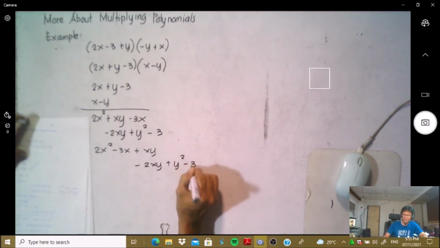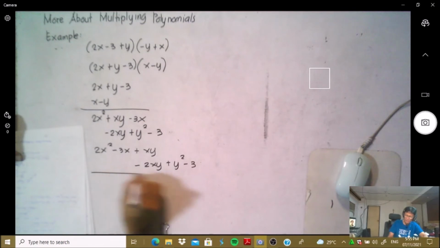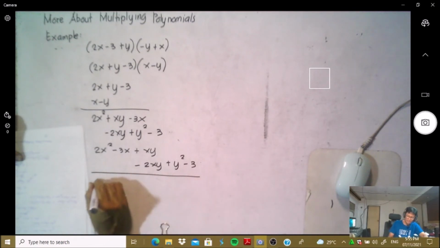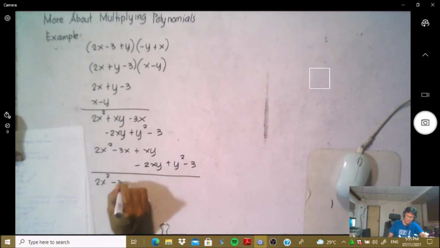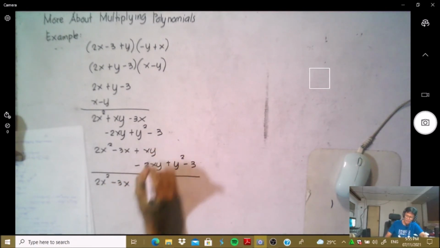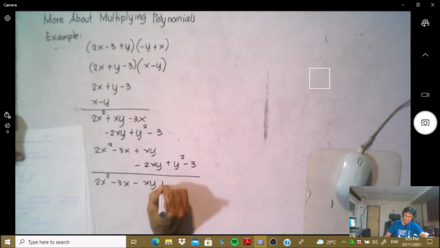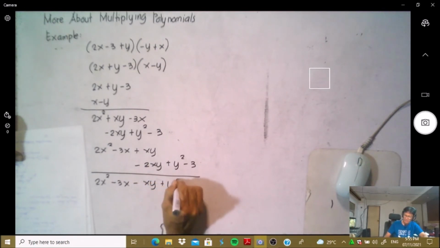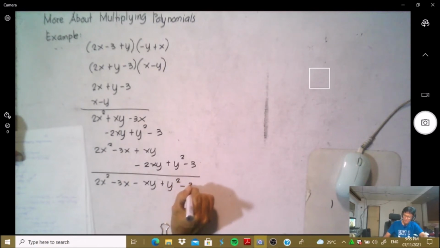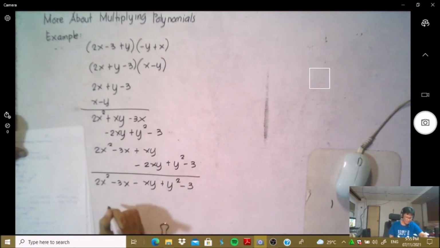Now they are in the correct position in the column. Bring down 2x squared minus 3x, then combine xy with negative 2xy, so we have negative xy plus y squared minus 3, and this is now our answer.